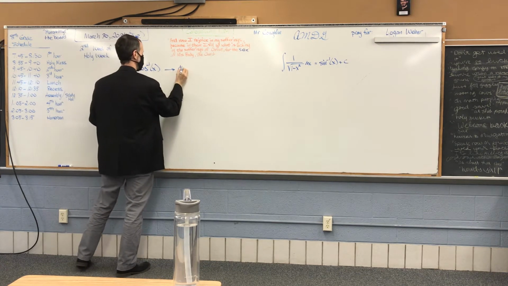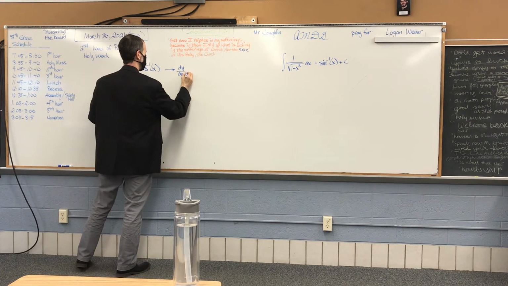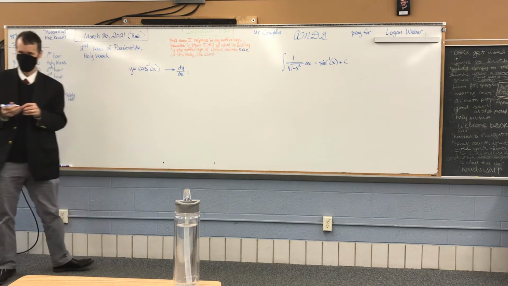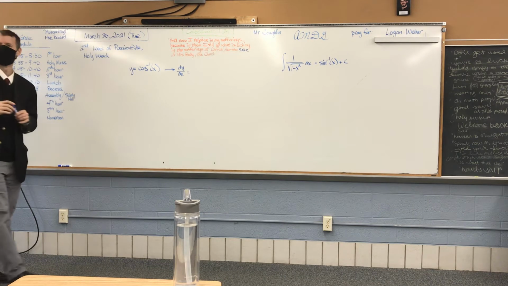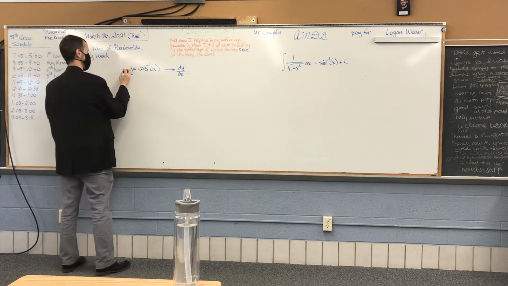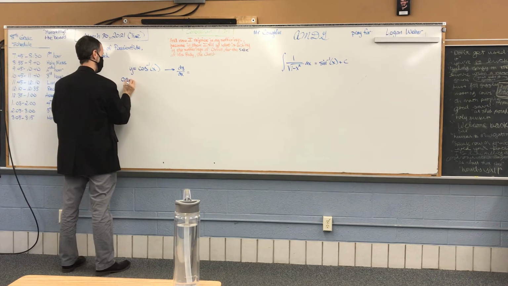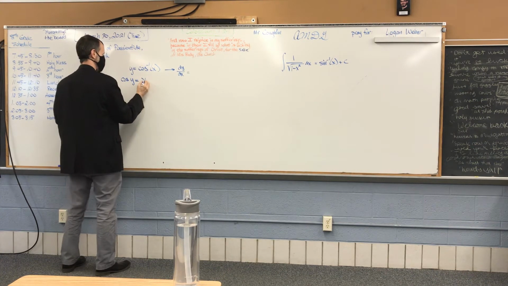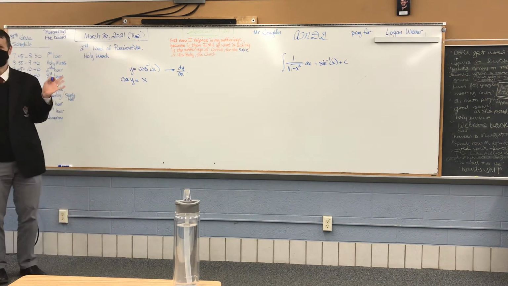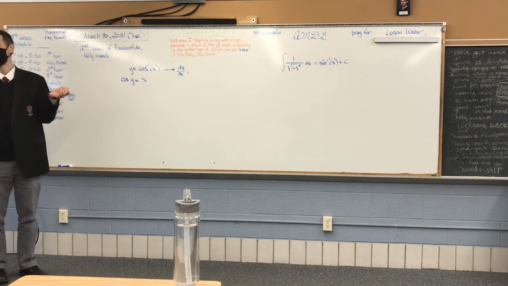Find dy over dx. It's the same procedure. Take the cosine of both sides. So the cosine of y is equal to x. We have not taken a derivative yet. Now what do you do?